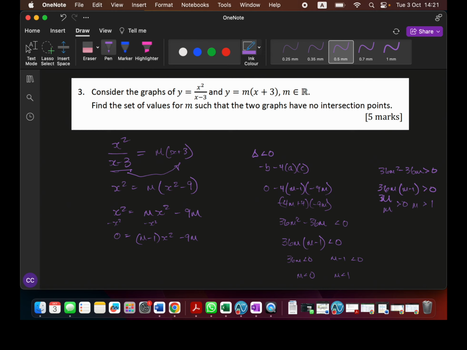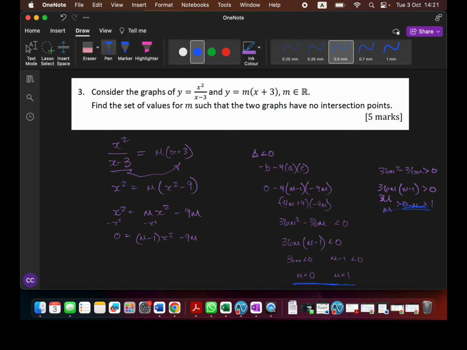So now what we have to do is combine these two things together. Looking at this, m has to be less than 1 covers both of those, and here, m has to be greater than 0.